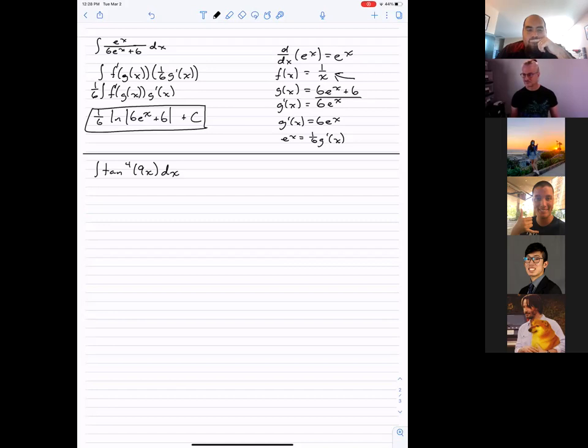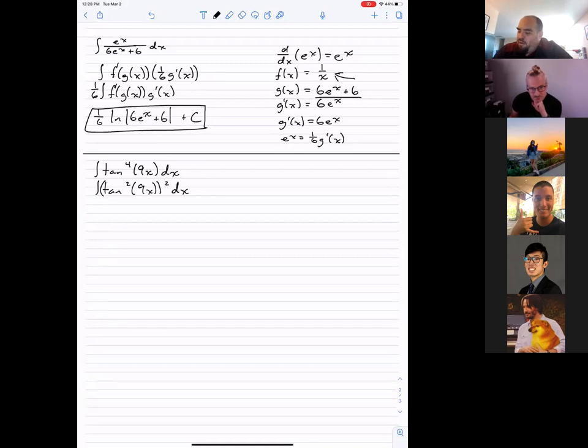I was actually thinking use one of the trigonometric identities. I tried doing tangent squared of 9x, squared. So you squared this? Oh, I see what you're saying. Okay, so basically you have tangent squared of 9x, squared.